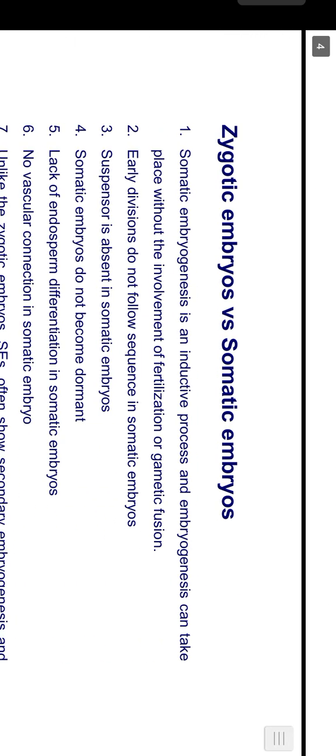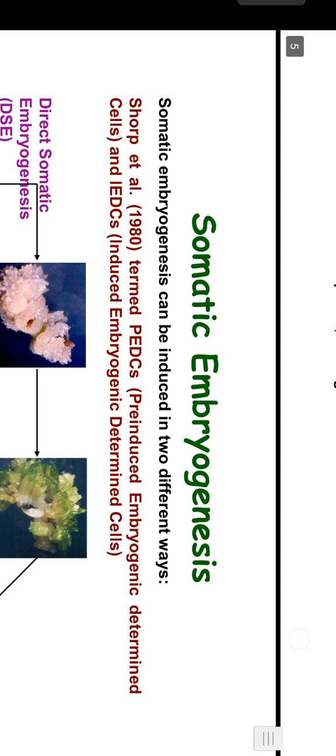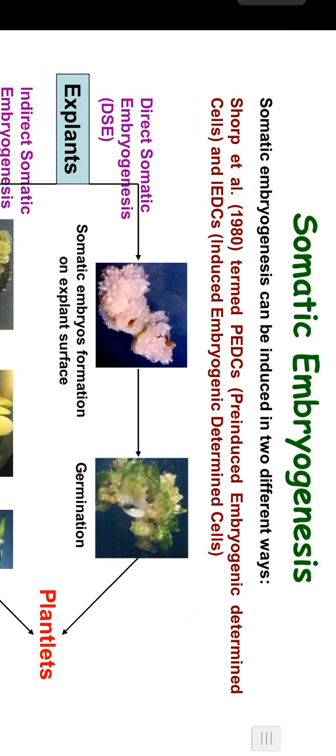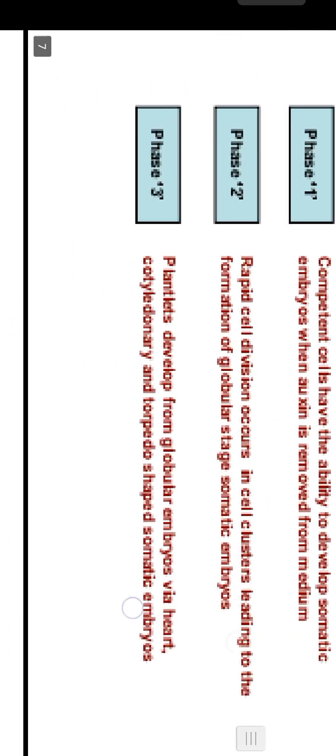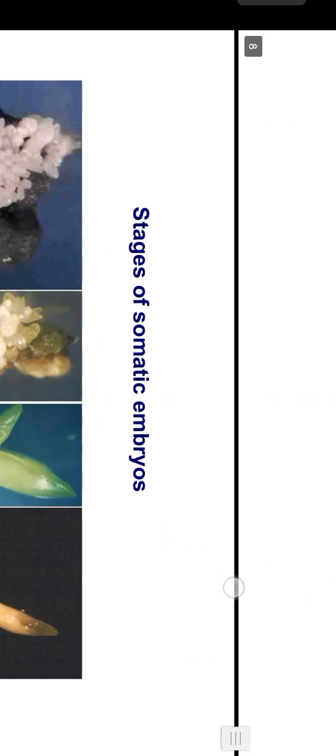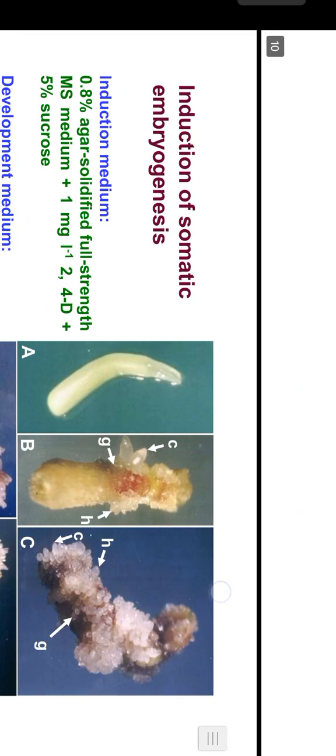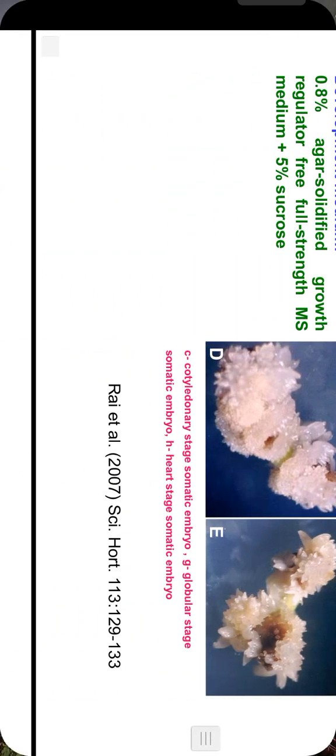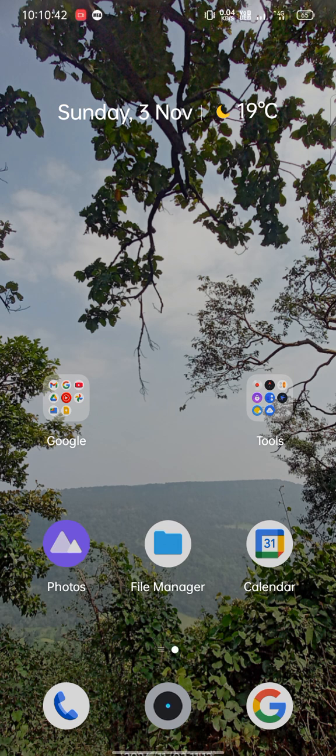Zygotic and somatic embryogenesis. What was it? Callus formation. ChatGPT.